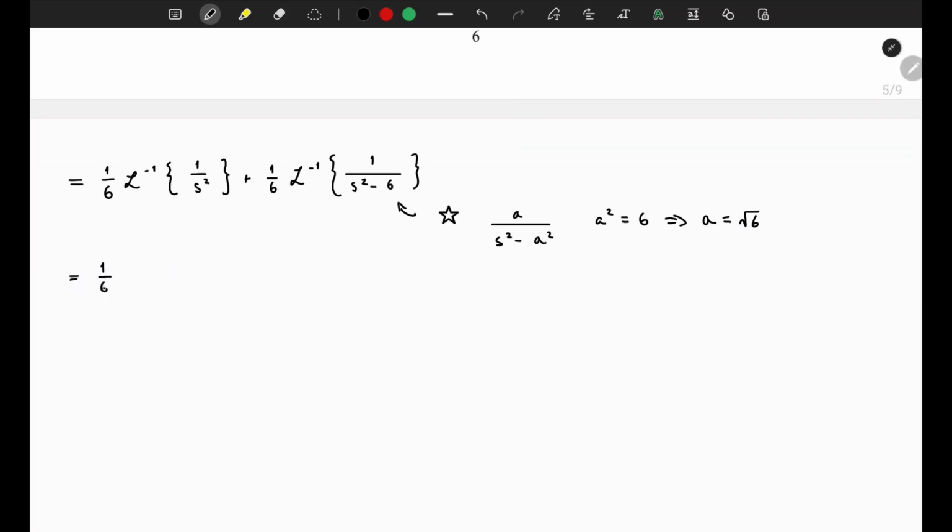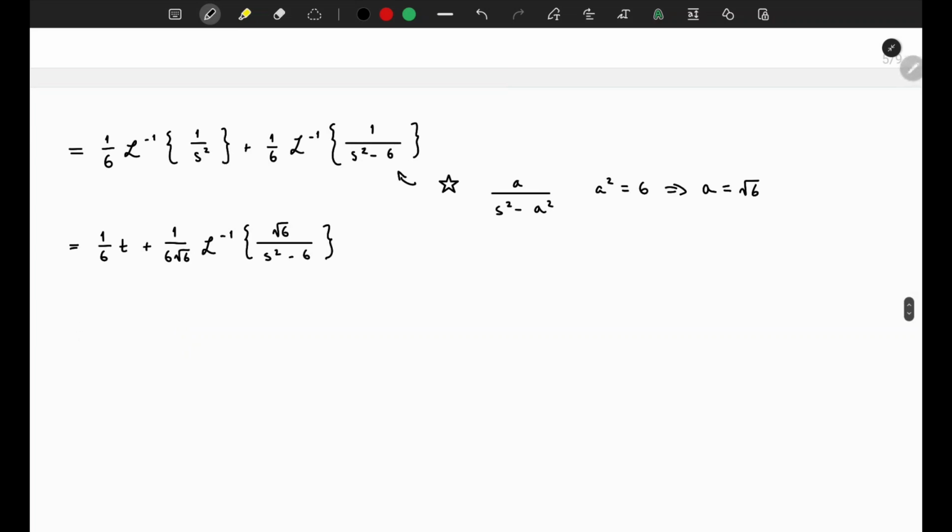So we'll have 1 over 6 t plus 1 over 6 times root 6, Laplace inverse of root 6 over s squared minus 6, which now we can see is the proper form for sinh. So we have 1 over 6 t plus 1 over 6 root 6 sinh root 6t.